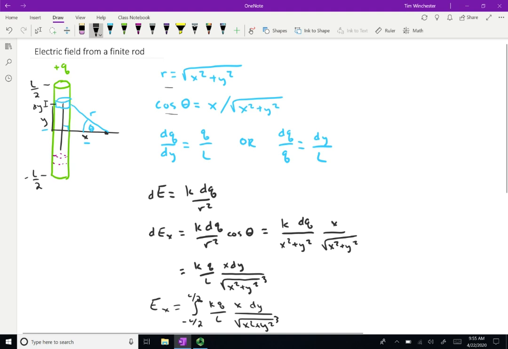At this point, that's basically it. That's the physics of the situation. From this point on, it's just doing some tricky integration, but otherwise, this is essentially the answer.